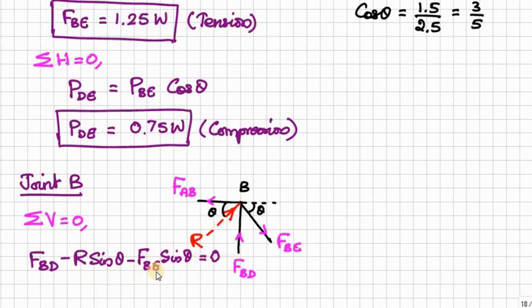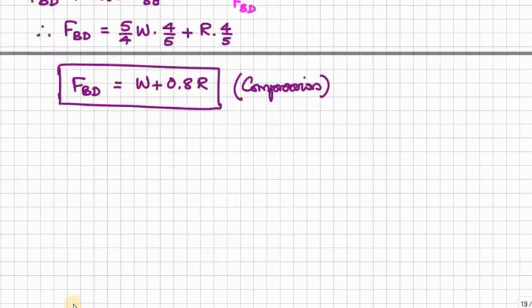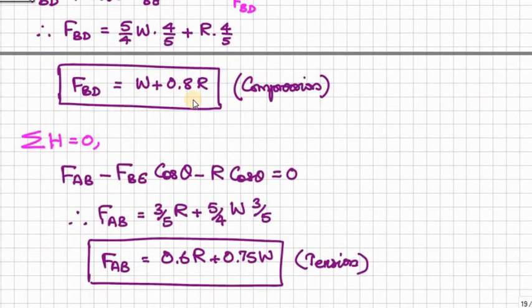Already we have this B value, therefore FBD value can be expressed in terms of R. So this is the FBD value. So FBD is equal to W plus 0.6 R compression. Similarly, applying sigma H is equal to 0, this is the expression. So we get finally force in AB is equal to 0.6 R plus 0.75 W in tension.